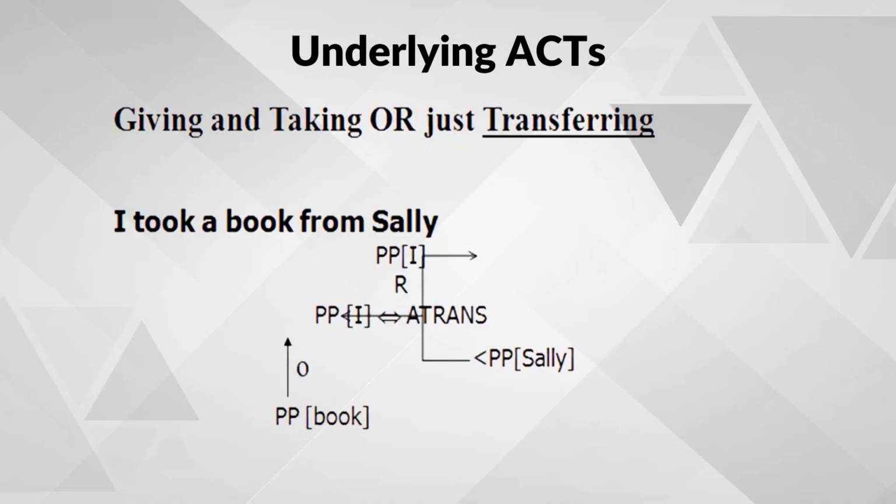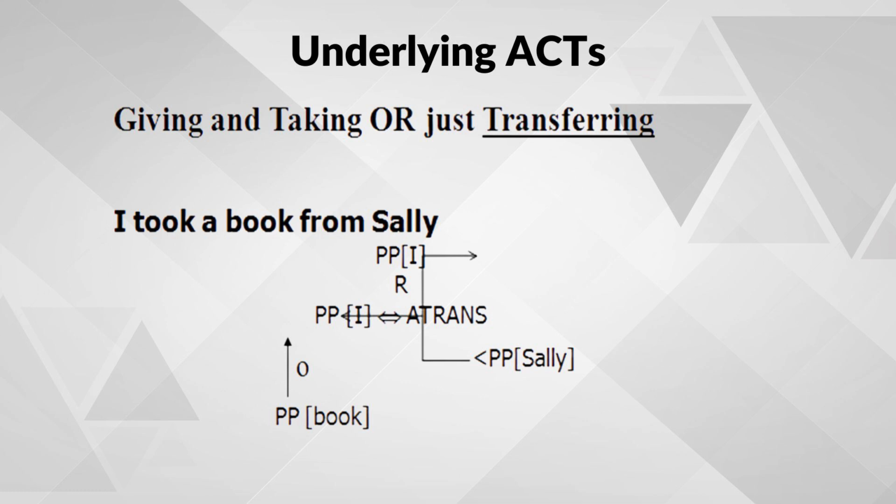Let us analyze the underlying acts in the sentence, I took a book from Shelley, using conceptual dependency. Here action is taking, agent is I, object is a book and source is Shelley.